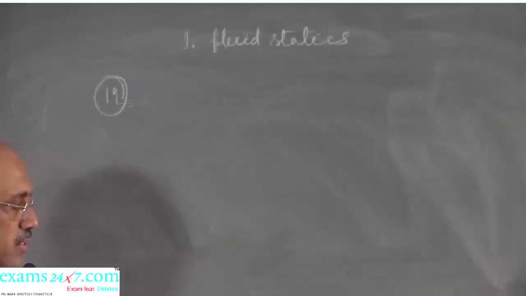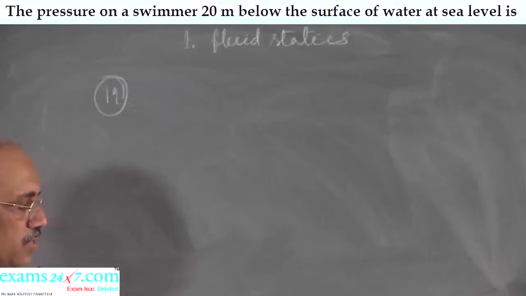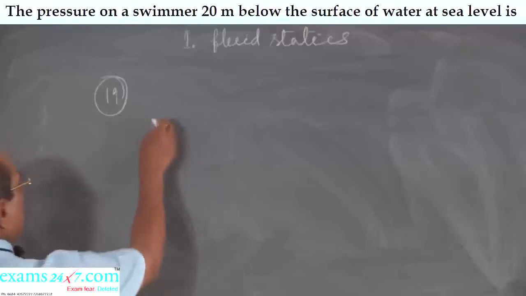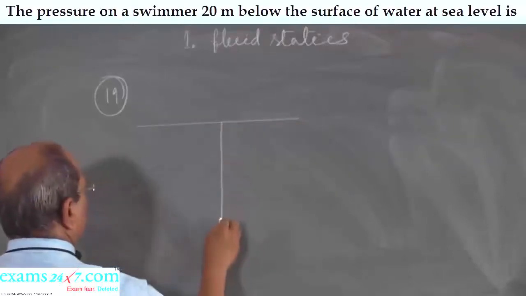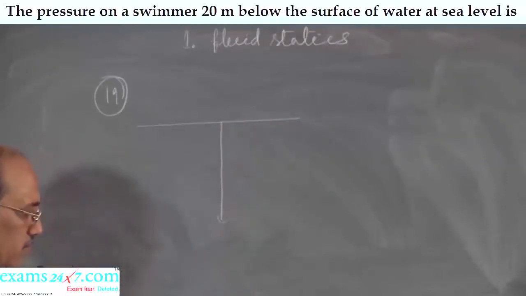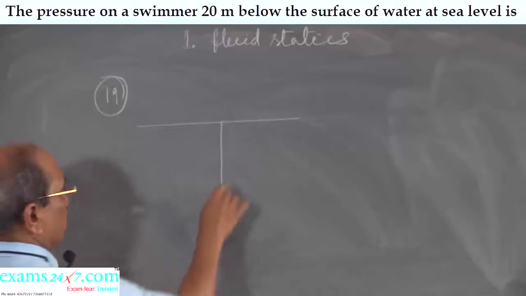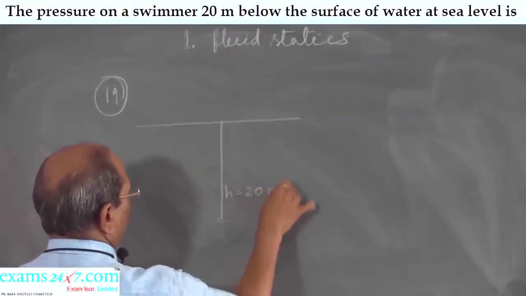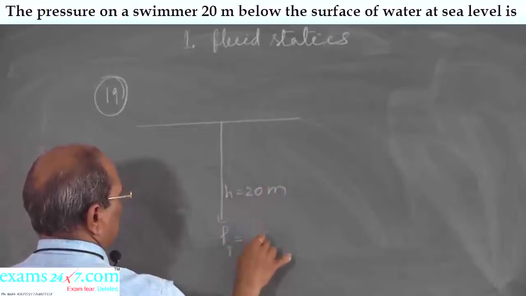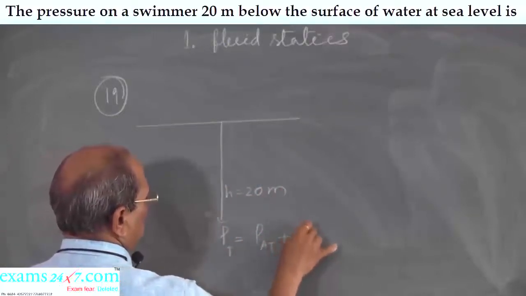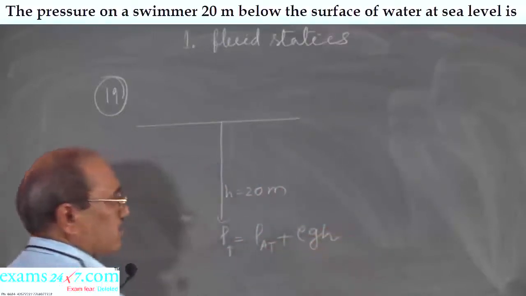The pressure on a swimmer 20 meters below the surface of water at sea level is? He is at a depth of 20 meters. Total pressure is pressure of atmosphere plus rho g h.